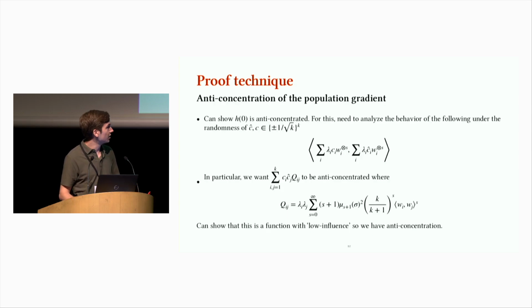For this, I'll briefly say the technique we use to show that the population gradient term is not too small is that we show it's anti-concentrated around the origin. To show this, we initialize the C in a discrete way to make the analysis simpler. But for that, we need to show that the quantity as a function of the C is low influence, so that under the randomness of the C, you can use some central limit theorem type argument and then use the anti-concentration of Gaussian polynomials.